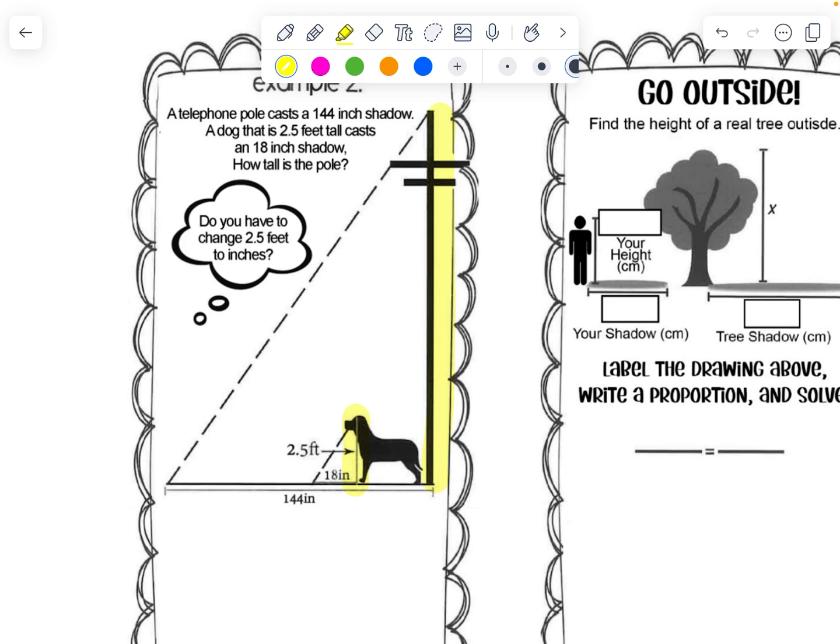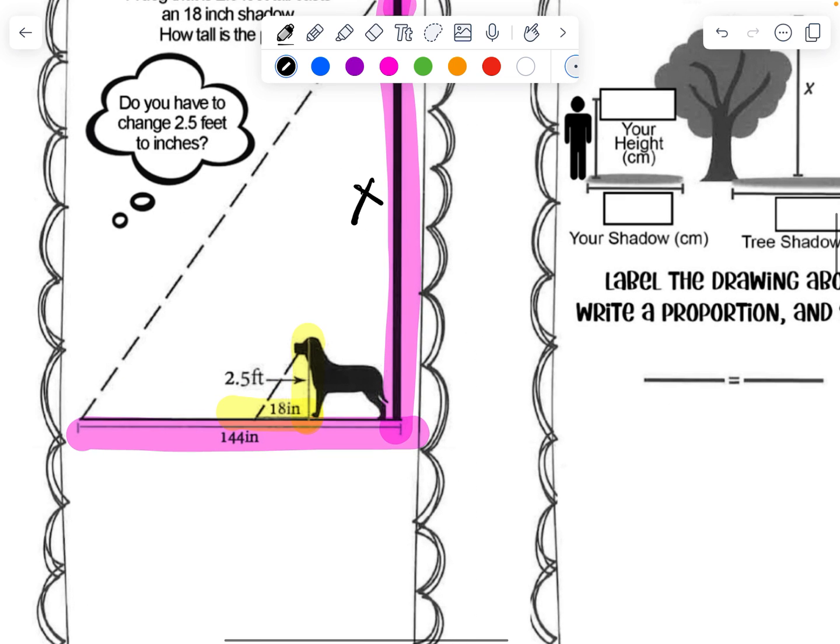So for the height of the pole, I'm just going to call that X, because we don't know that one. So since the dog is measured in feet tall, then when we solve this problem, the answer we get for the height of the telephone pole will also be in feet. So we don't have to change our units. If we wanted to know how tall the pole was in inches, we would have to change the dog's height to inches too, but we don't need to do that.